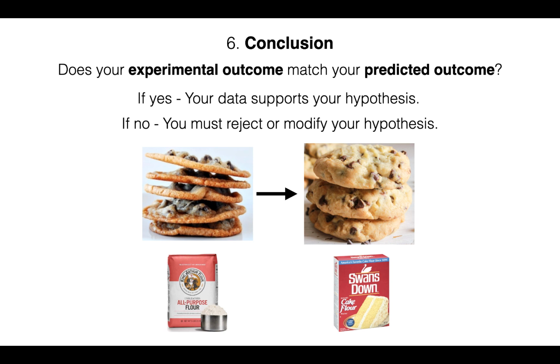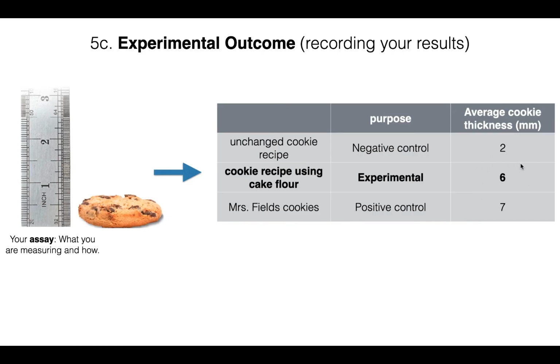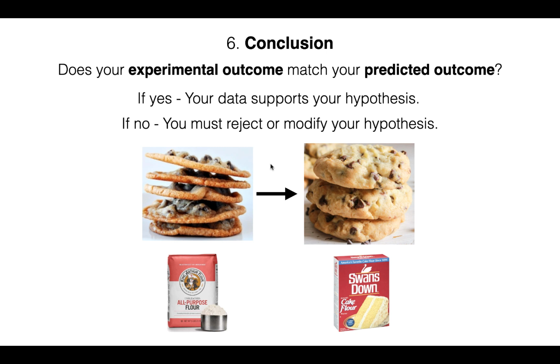If the two match, then your data supports your hypothesis, and you can conclude that yes, indeed, it seems that cake flour does contribute to the thickness of cookies. If the experimental outcome does not match what you predicted would happen, if you did not see an increase in thickness, then you must either reject or modify your hypothesis.